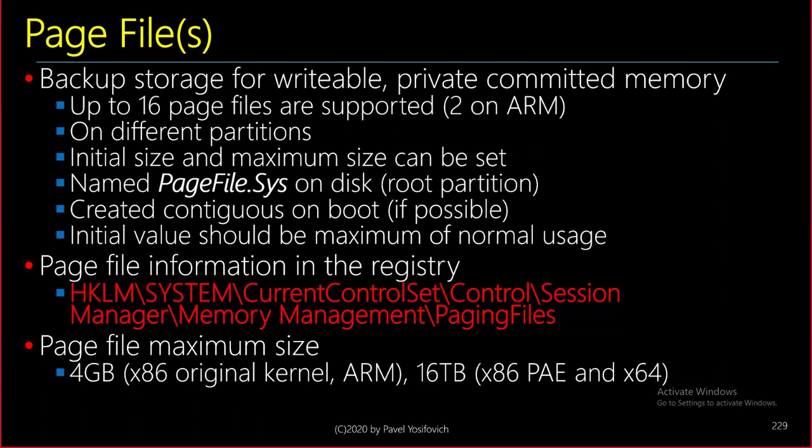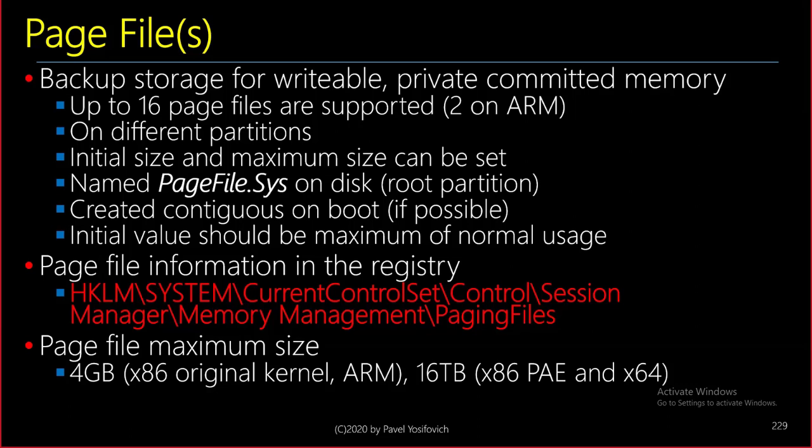Otherwise, you will not be able to commit 40 gigabytes of memory. But if you have 32 gigabytes of RAM, you only need 8 gigabytes of page file memory. And so basing the size of the page file on the amount of RAM that you have doesn't really make sense.